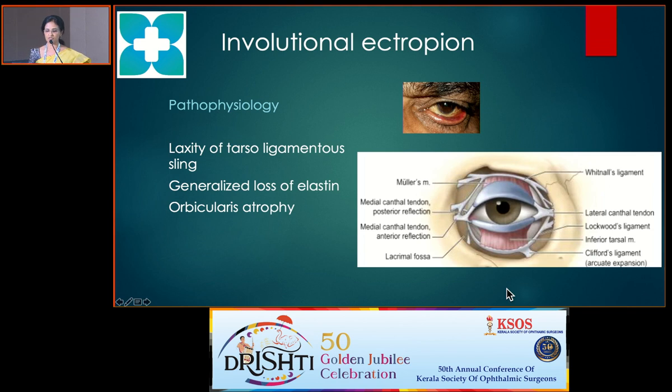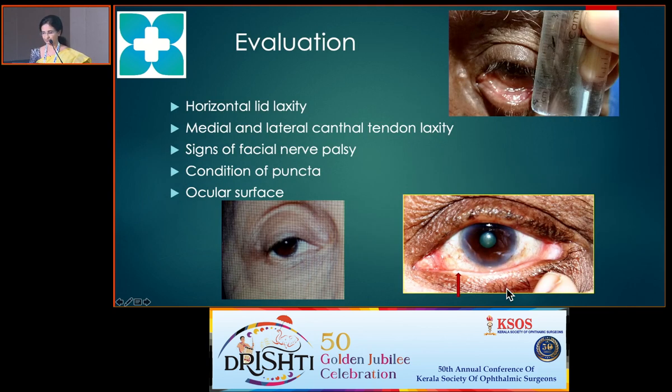So the laxity of this tarso-ligamentous sling can give rise to horizontal lid lengthening, and generalized loss of elastin can cause thinning of the tarsal plate, along with orbicularis atrophy, can contribute to involutional ectropion.